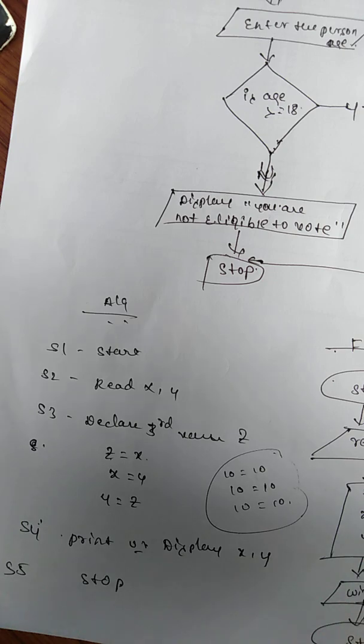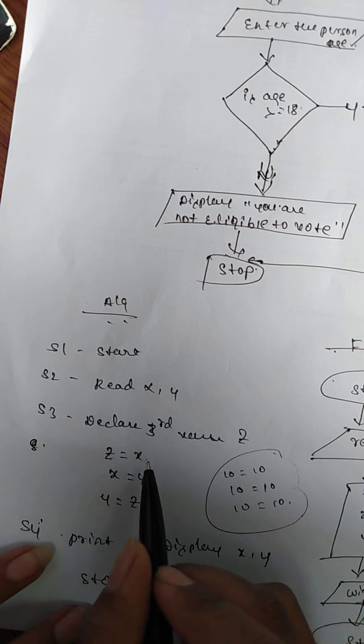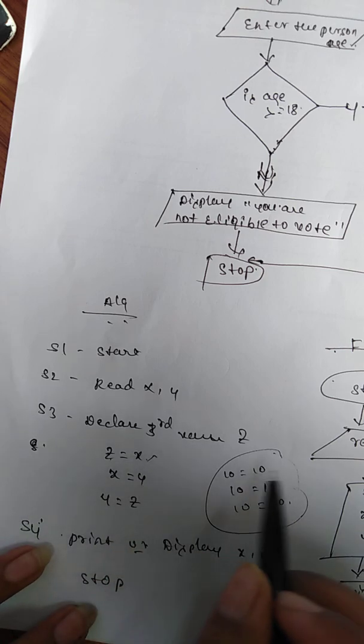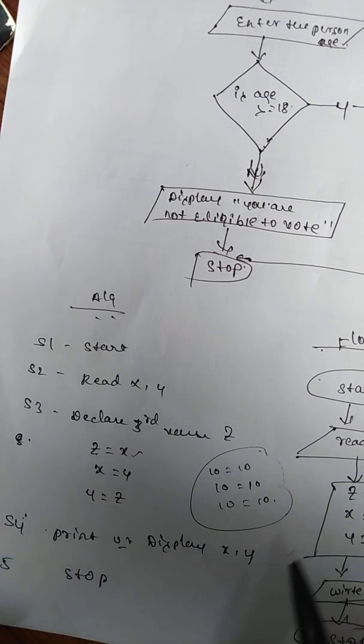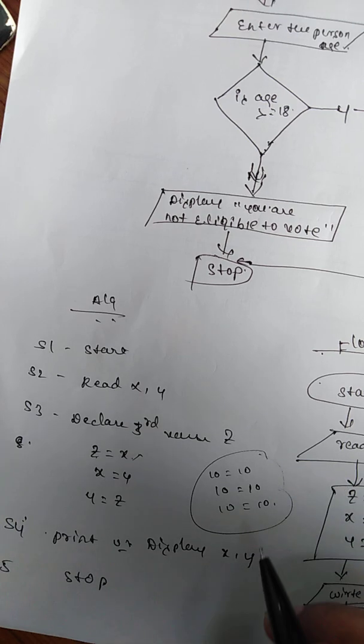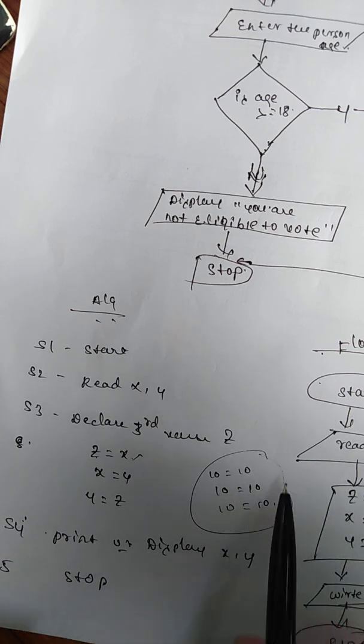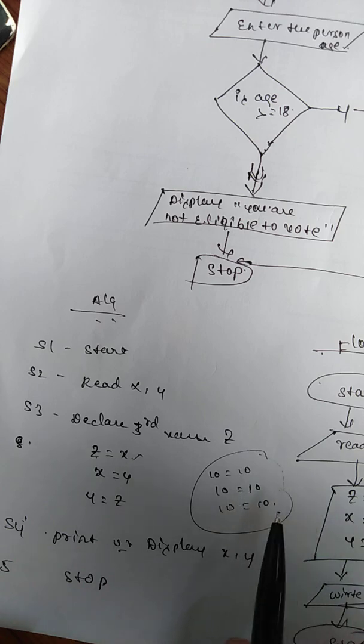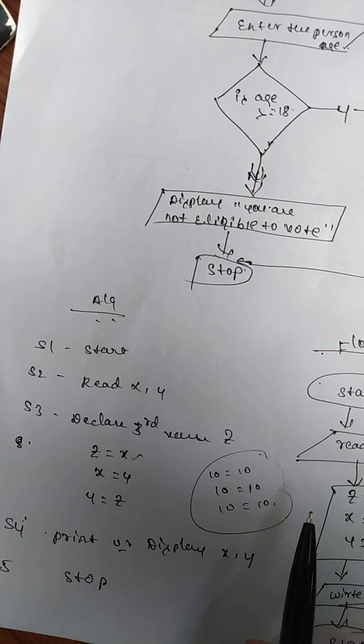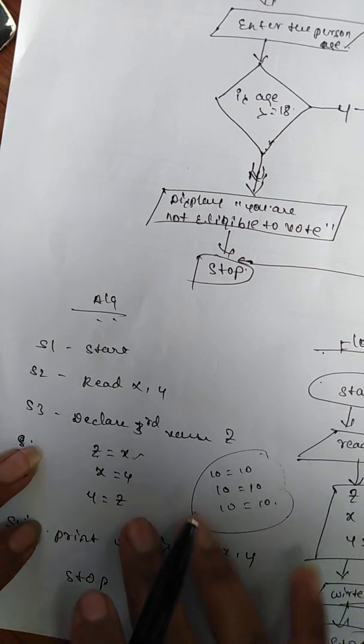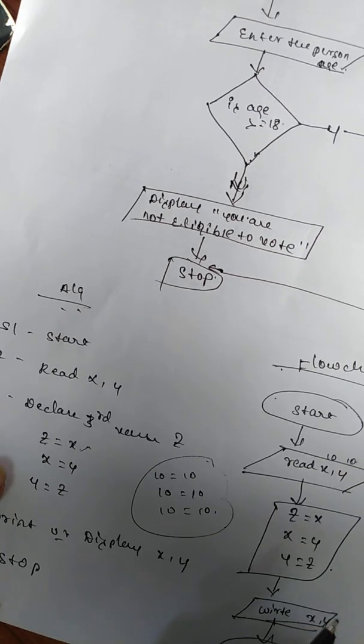To represent the third variable, we use x comma y comma z, three values, to write a program. If the three values have the same value, this one is right; otherwise, if the values change, this one is not right. We can check it in this type of algorithm and flow chart.